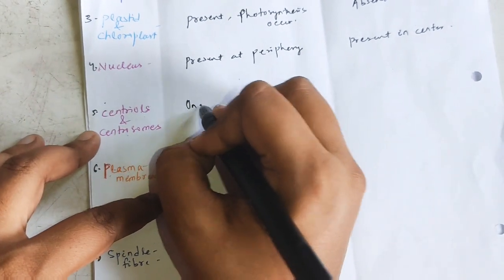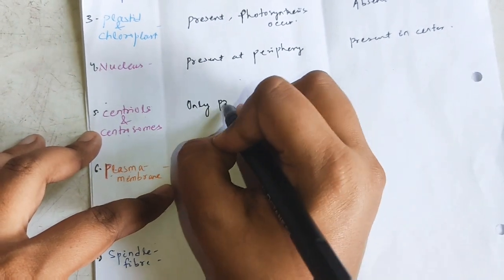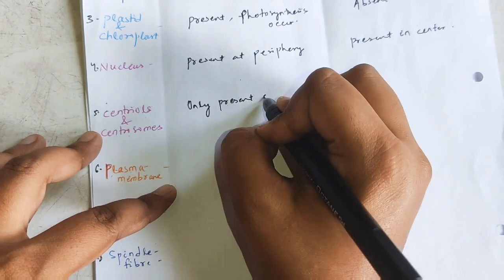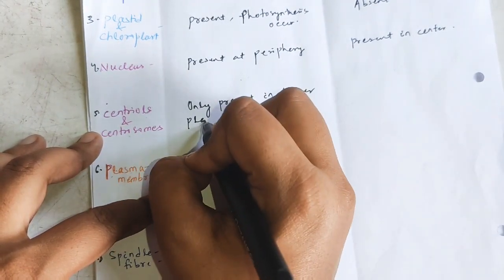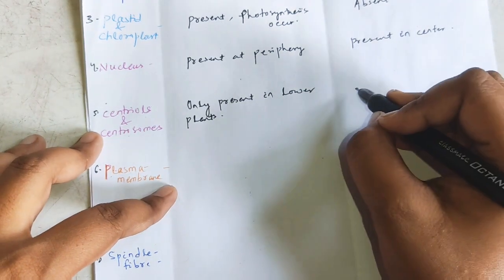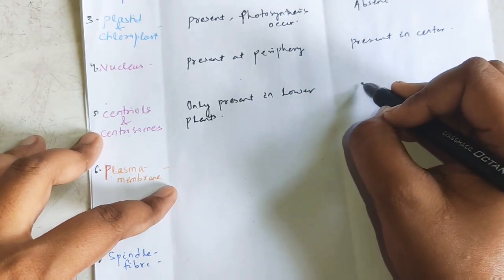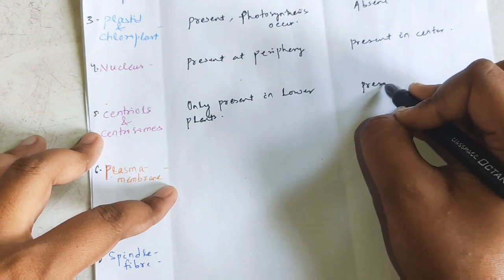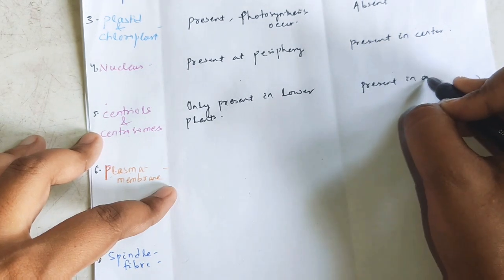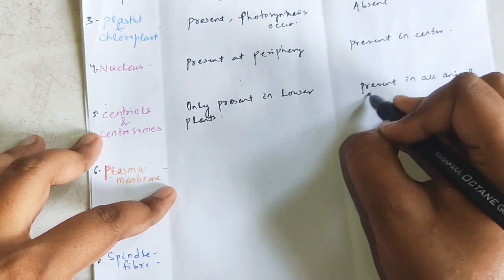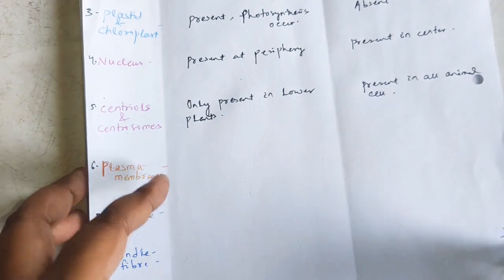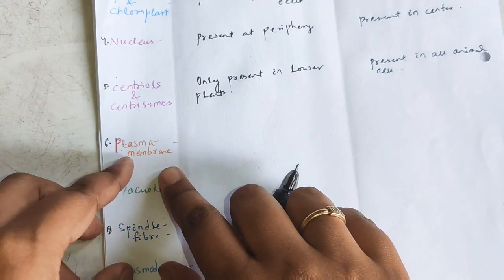So you can write here, present only in lower plants. But in animal cells, it is present in all animal cells. Clear?